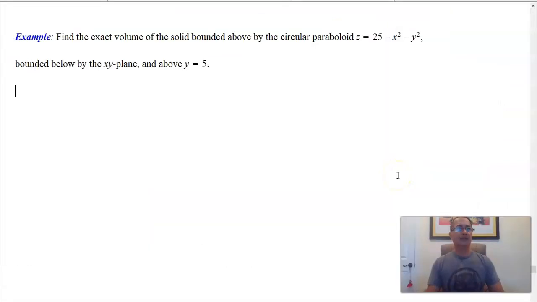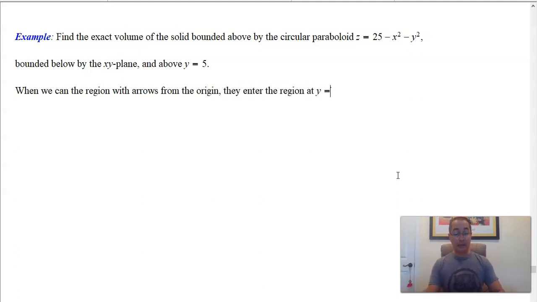All right, so let's write down that observation that we had. When we scan the region with arrows from the origin, they enter the region at y equals 4, not 5, y equals 4, and exit at x squared plus y squared equals 25.